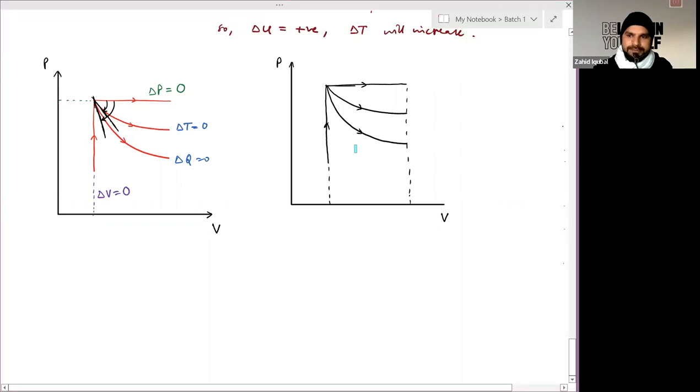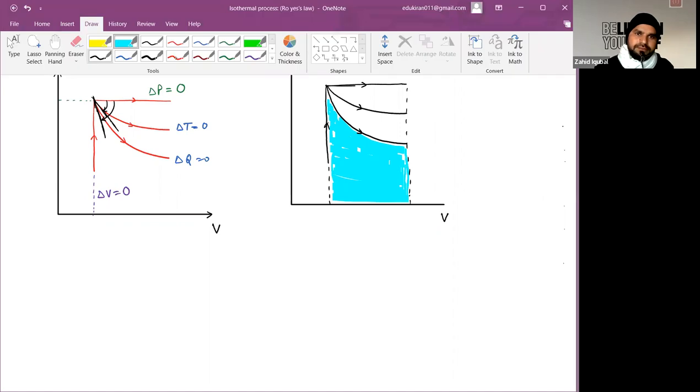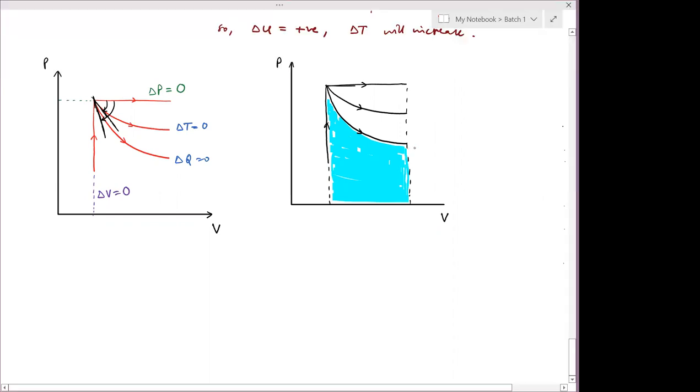First, for this part, work done will be up to this point, in case of adiabatic.